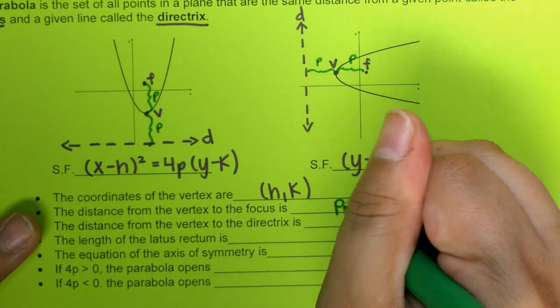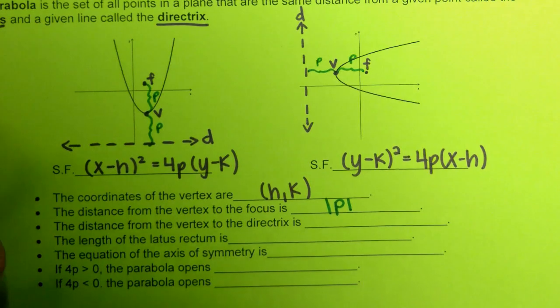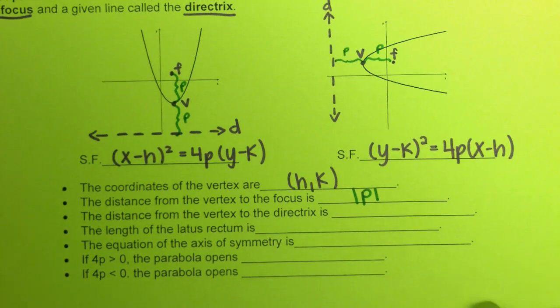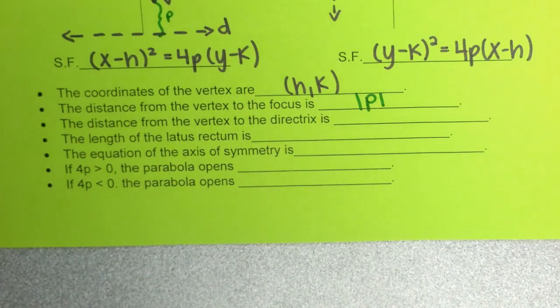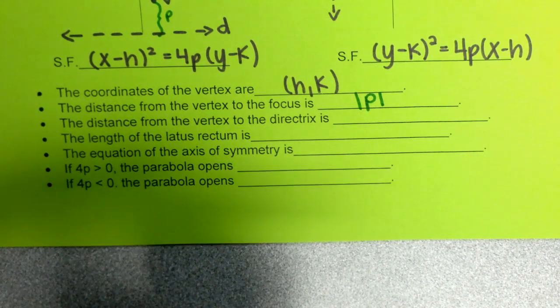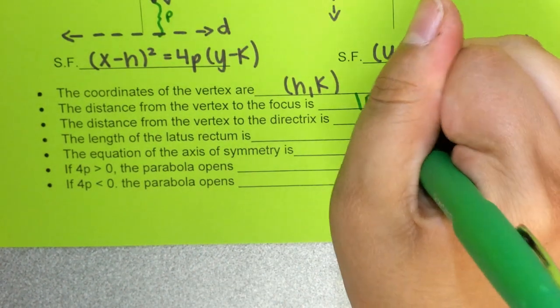P. And we're going to say the absolute value of P, just because it's a distance, we want it to be positive. What about the distance from the vertex to the directrix? It's also P, or the absolute value of P.